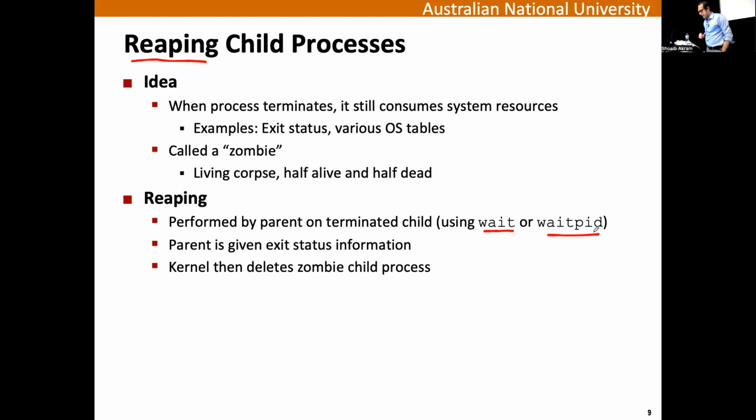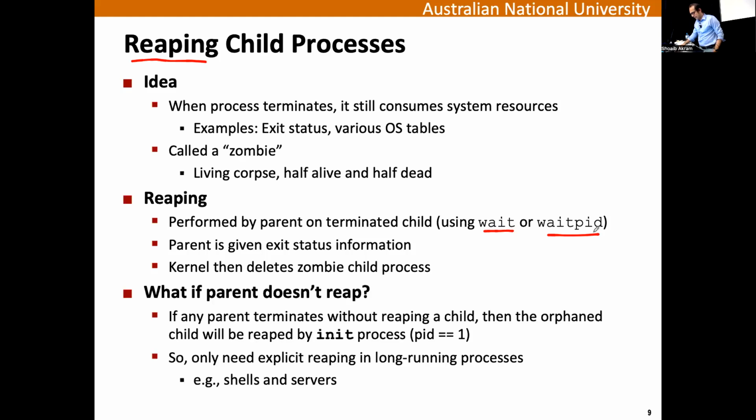The parent is given the exit status information when it reaps a child, and then the kernel finally deletes it. If a parent does not reap a child and terminates itself, or it is terminated, then the zombie process is reaped by a special process called the init process. And the init process has a PID of 1.